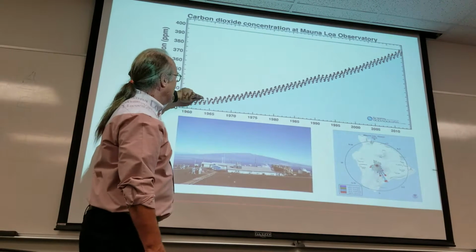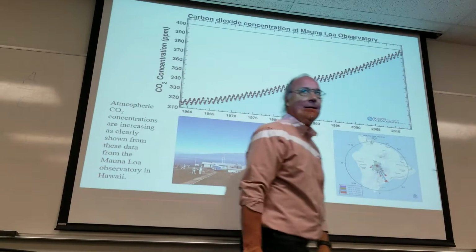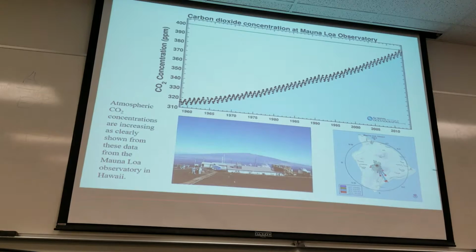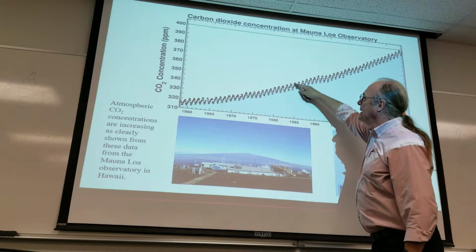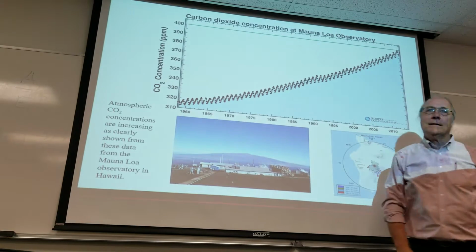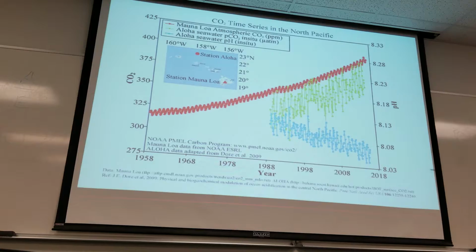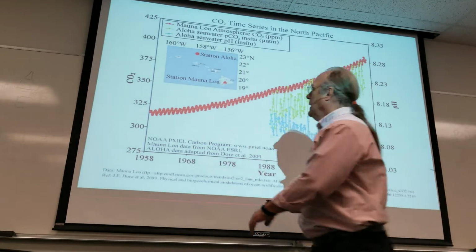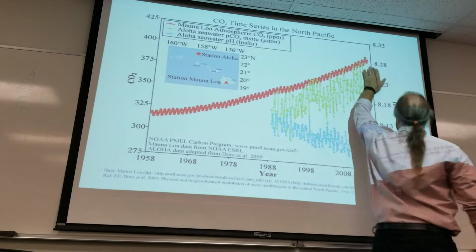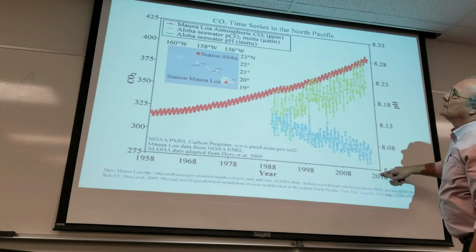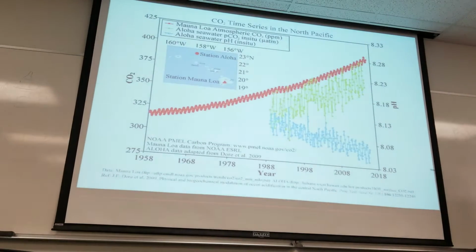Notice also this little oscillation. That's really interesting. What's the period of this oscillation? 1 year. That's an annual cycle of CO2 concentration. Interesting, right? Here's another one. This one shows also the data from Mauna Loa, going up to just about today, and we're a little above 400 parts per million now.